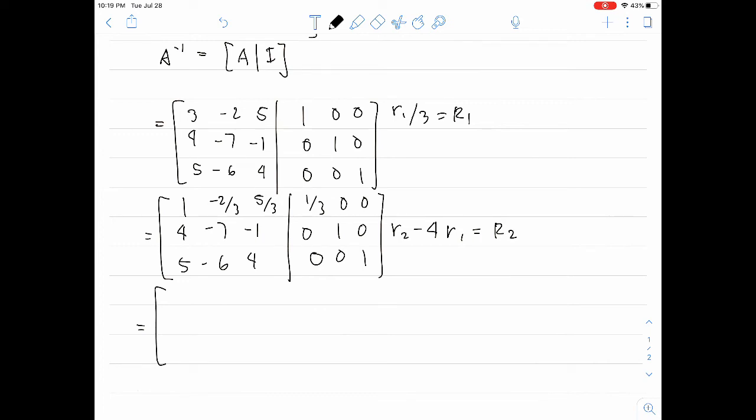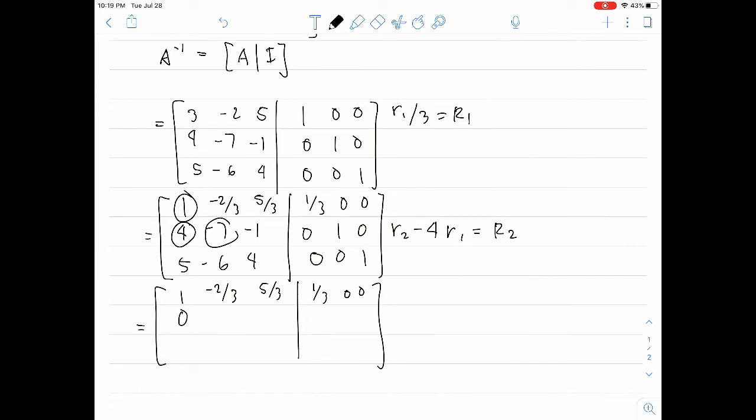So, R sub 2 minus 4 times R sub 1, which is 1, negative 2 over 3, 5 over 3. First, 4 minus 4 times 1 is 0.